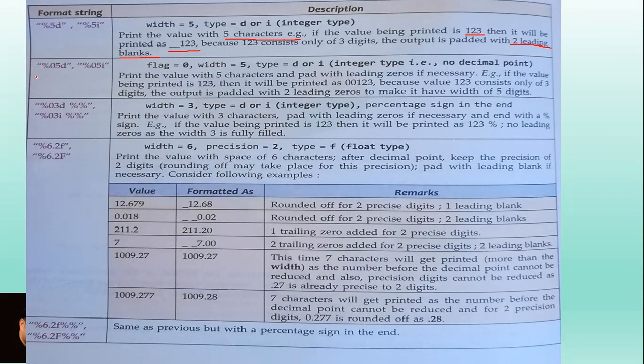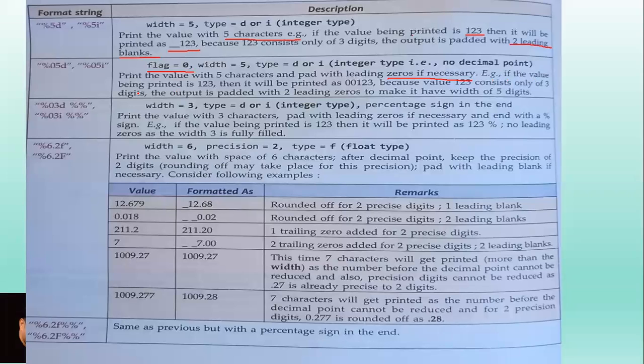Next, percent 05D. Flag is equal to 0. Width is equal to 5. Type is equal to D or I, integer type, that is no decimal point. It will print the value with 5 characters and pad with leading zeros if necessary.